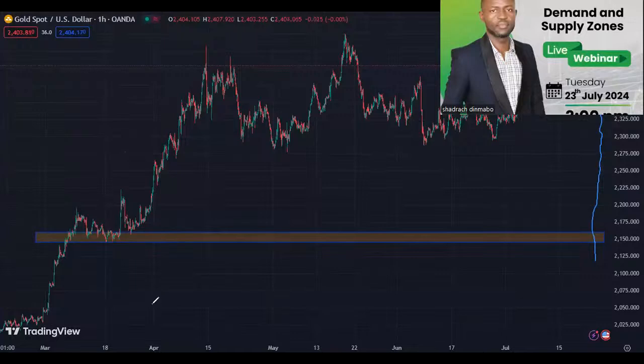Then the market pushed from there straight up to this point, came back, and then broke this high. As it broke this high, it made another low here. That becomes another demand zone where the buyers came into the market again.